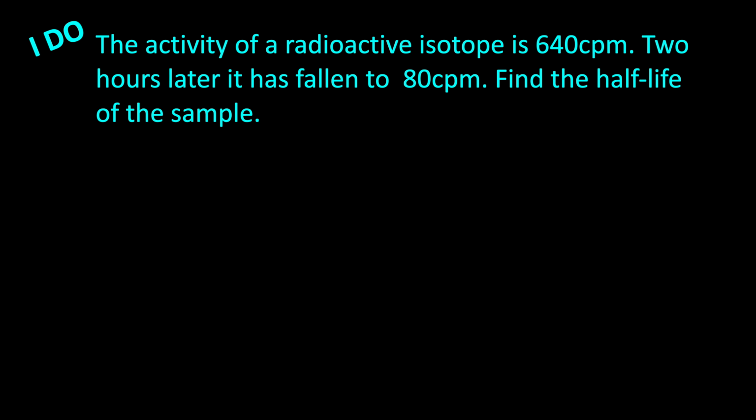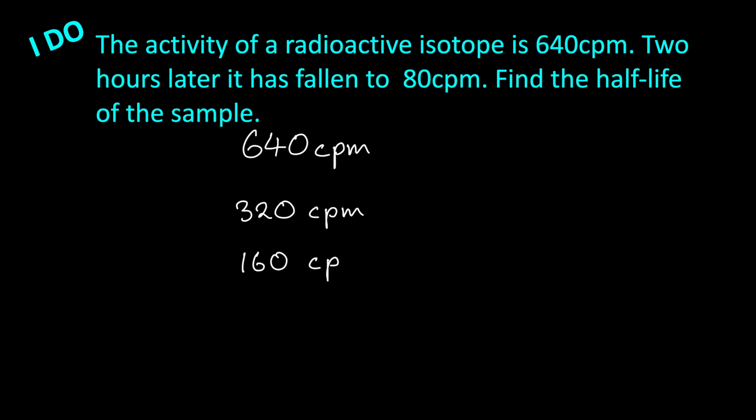Initially, this isotope had an activity of 640 counts per minute. Half of 640 is 320. Half of 320 is 160. And half of 160 is 80.